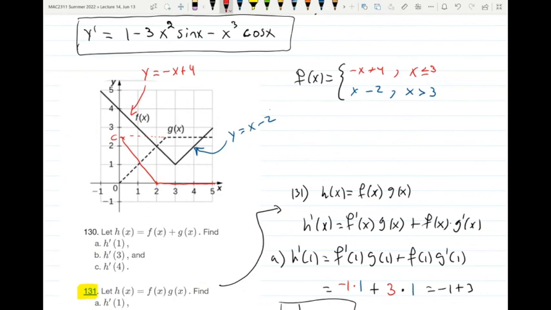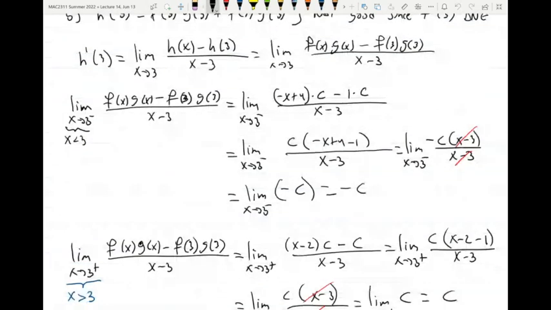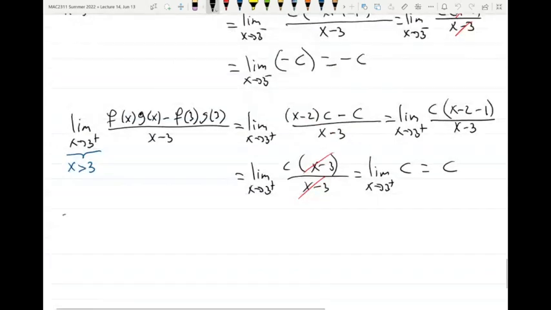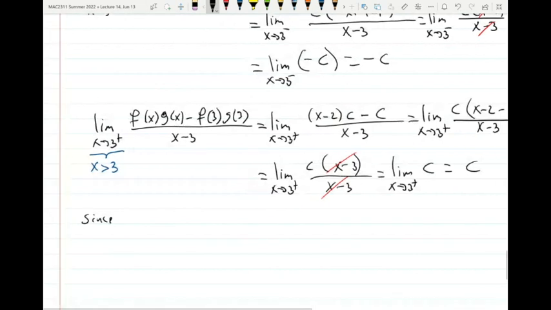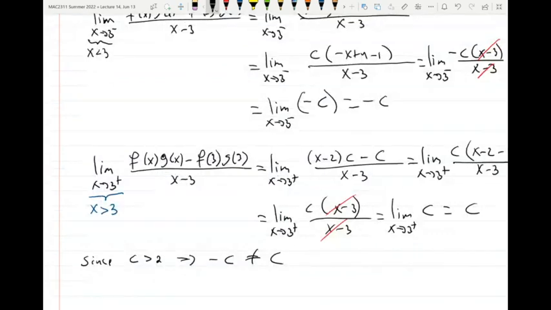It's just that for our g, around 3 the c is not 0. It's 2 point something. So c is certainly bigger than 2, and then it follows that negative c is not the same thing as c itself. They are not equal, and therefore the derivative doesn't exist for h.